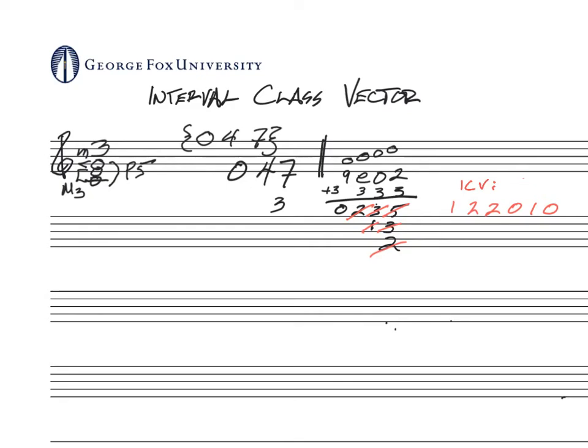No major thirds or interval class 4. 1 perfect fourth or interval class 5. No tritones or interval class 6. Now, just to double check, let's look up here how many intervals are actually in that tetrachord to make sure that we've got them all. 1, 2, 3, 4, 5, and 6. So we've got the right number of intervals.